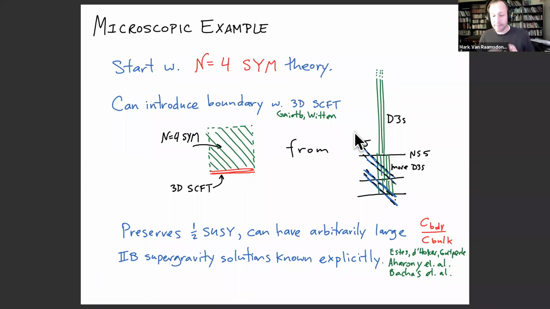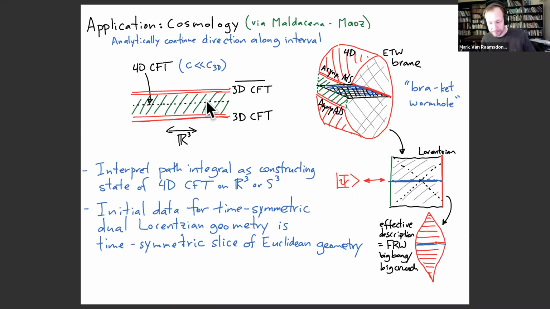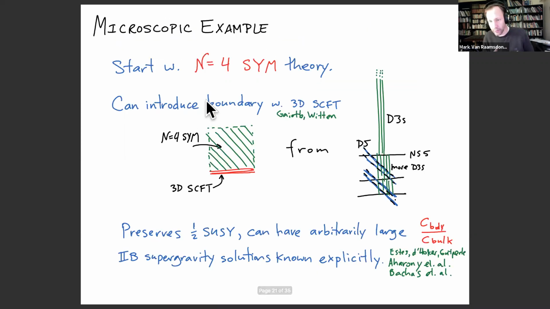So as a microscopic example, I'm going to start with our favorite example of a holographic theory. My 4D CFT is going to be N=4 supersymmetric Yang-Mills theory. And so that's the theory that's going to be in the middle here. And now I have to tell you what the theories are that I couple this to at the two ends of the interval.